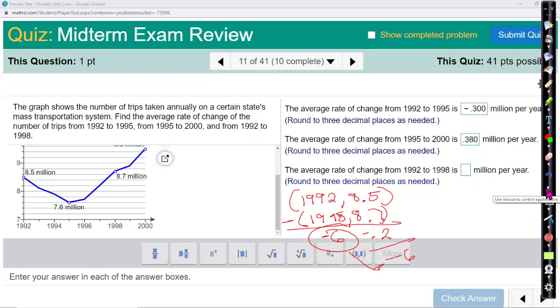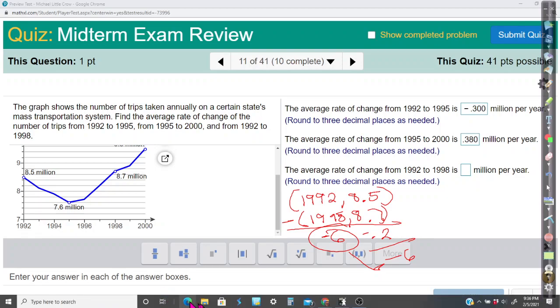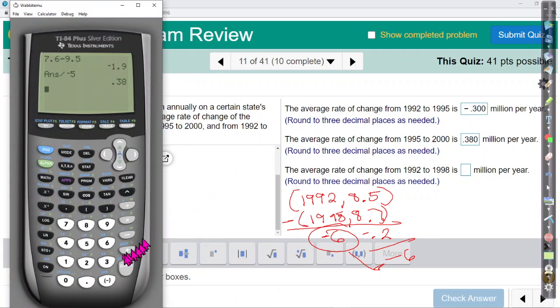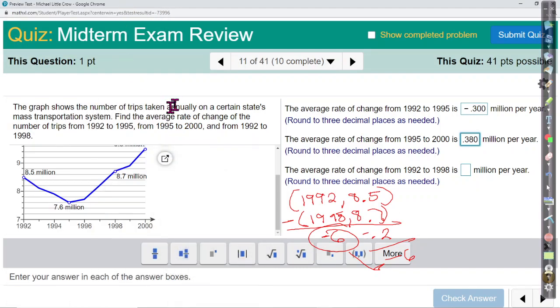I know you could reduce it, but 1/30th, just a little bit. So we could just put in here 0.2 because we've already taken care of the negatives, divided by 6. This time we do need our 3 decimal places, 0.0333. Yeah, I know it was something like that.